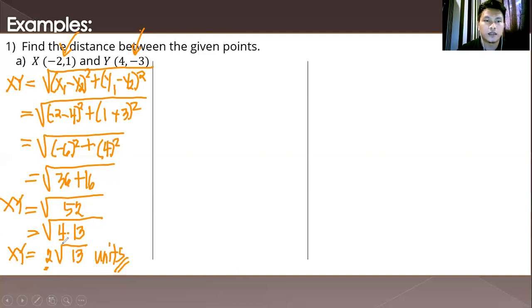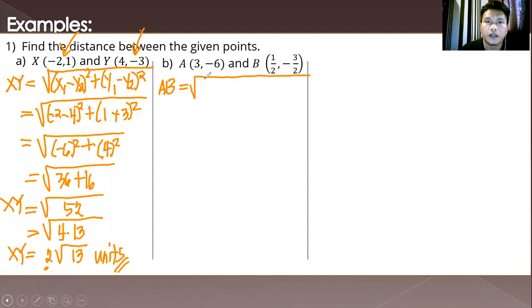Okay, next. Let us have the second point. We have point A and point B. Okay, we have here point A, which is 3, negative 6, and point B, which is 1 half, negative 3 over 2. So to get the distance between AB, that is equal to the square root of x sub 1, that is 3, minus x sub 2, that is 1 half, squared, plus we have negative 6, minus we have negative 3 over 2.